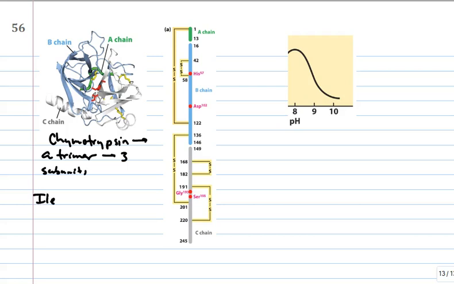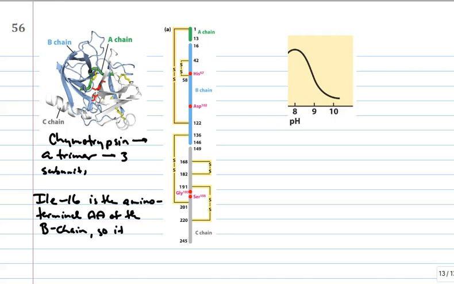Also, isoleucine 16 is the amino terminal amino acid of the B chain. So it has a free alpha amino group. So let's see if we can find this up here.